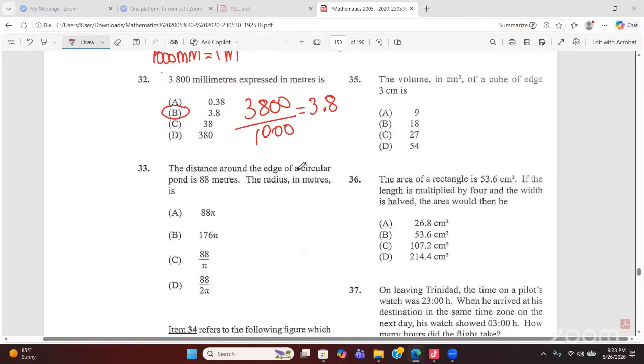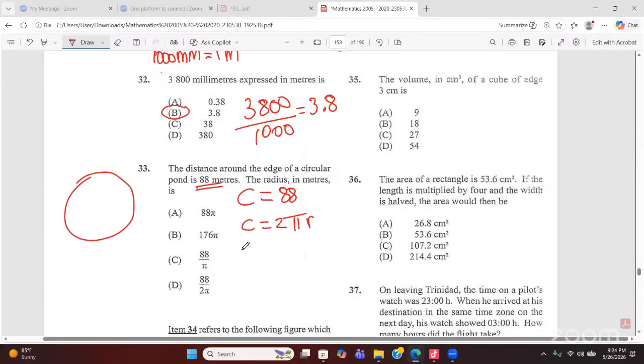33. The distance around the edge of a circular pond is 88. You notice they said a circular pond. The distance is 88. That means the circumference is equal to 88. That's what they're telling you. The radius is what? Remember, circumference is equal to 2 pi r.